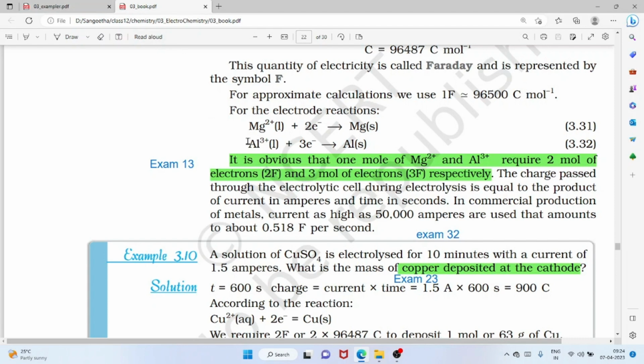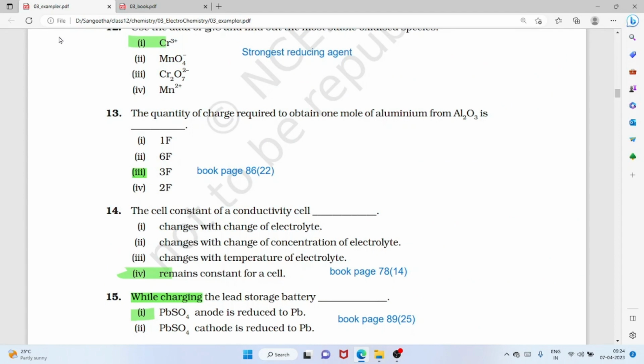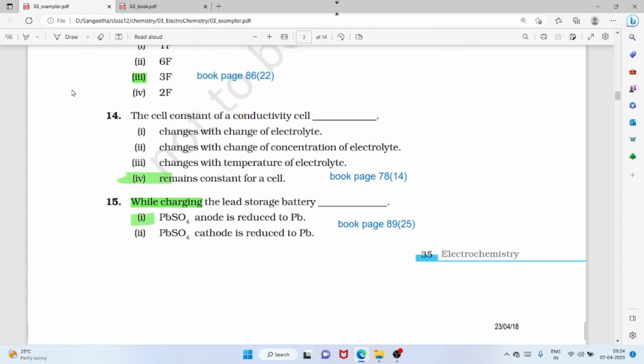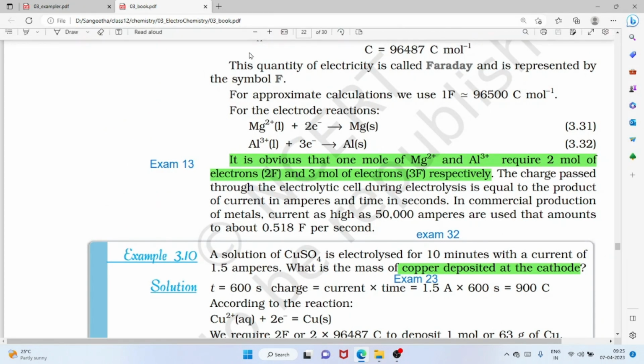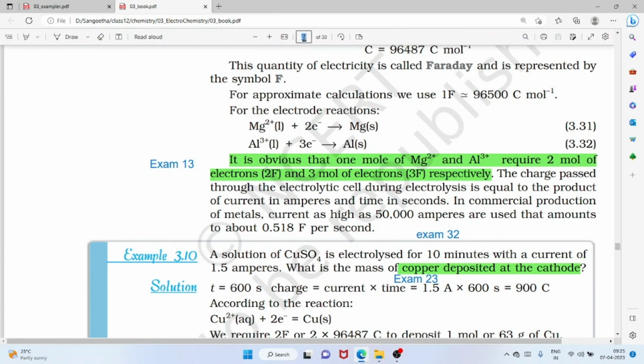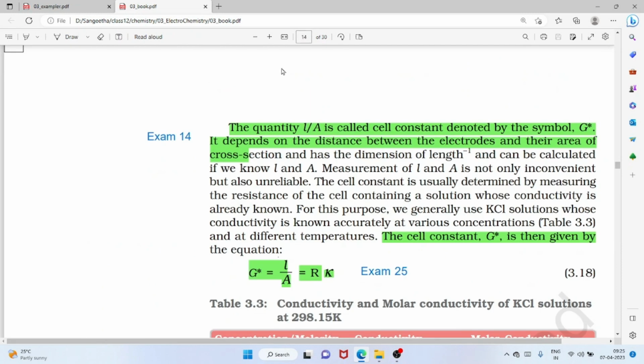So this is the equation. The cell constant will be constant. This is the cell constant.